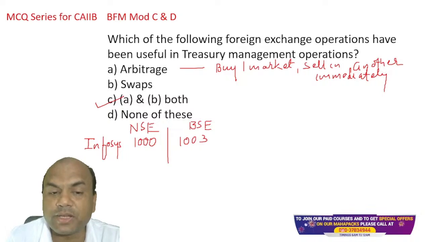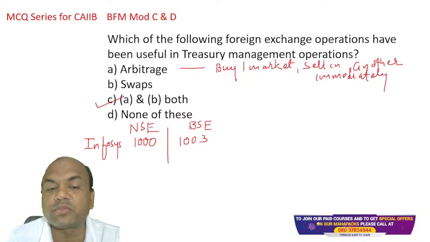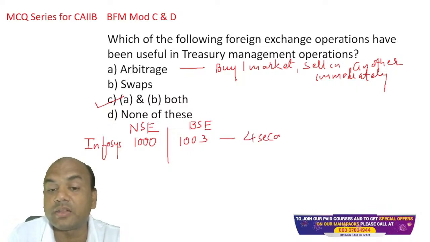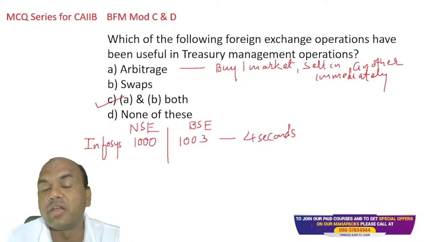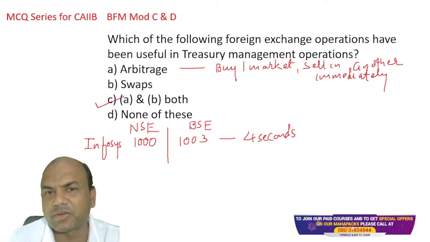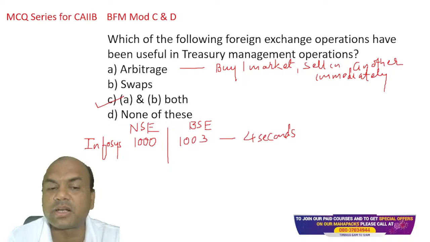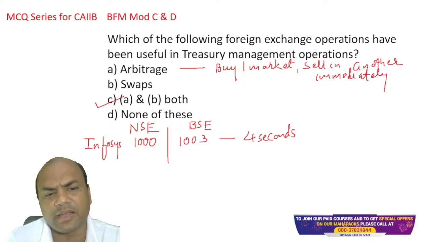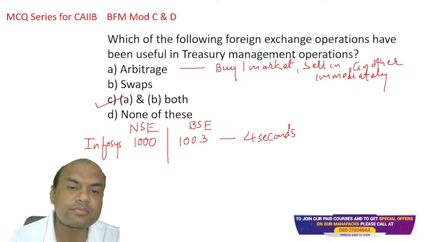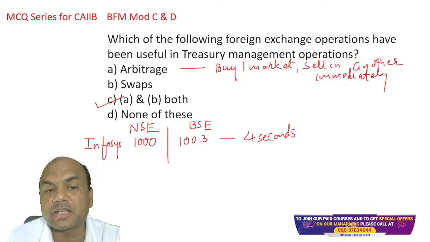Now this difference between NSE and BSE remains for hardly 4 seconds, not even that nowadays. With technology, it is hardly 3 seconds at most. It immediately collapses and the prices match. Now, if I am the arbitrage person, what will I do?